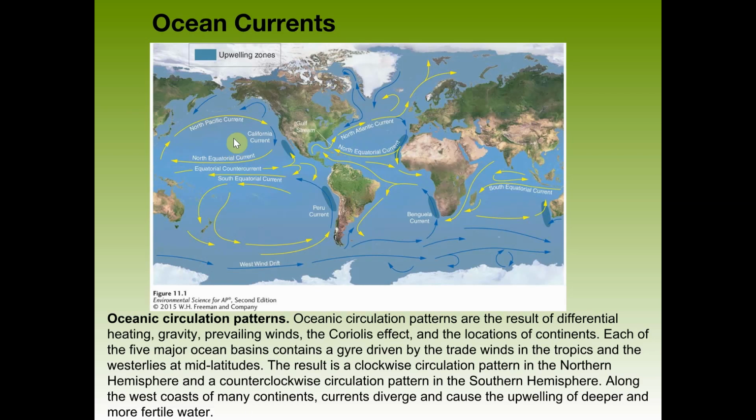You'll see here that we have a clockwise rotation of currents here, and we have a counterclockwise rotation of currents here. And again, why are the currents moving this way? It's because of all those things, from the Coriolis effect to gravity to wind patterns, and all kinds of things put together.